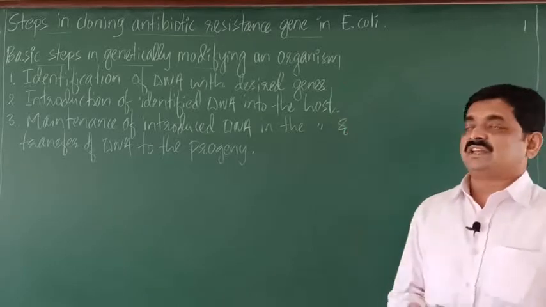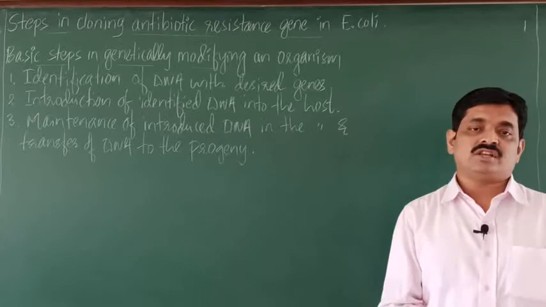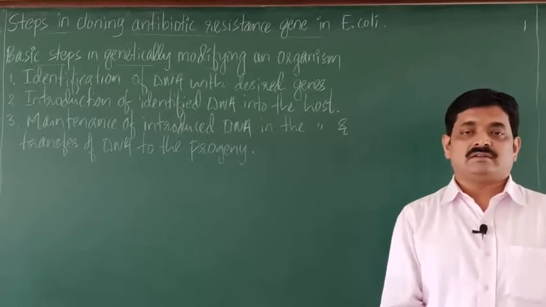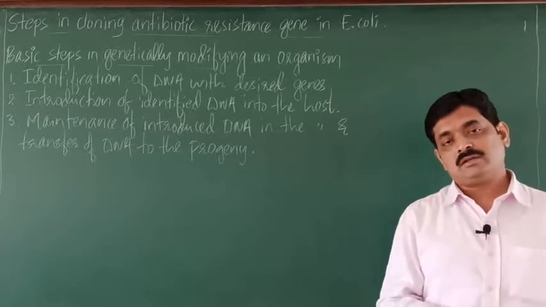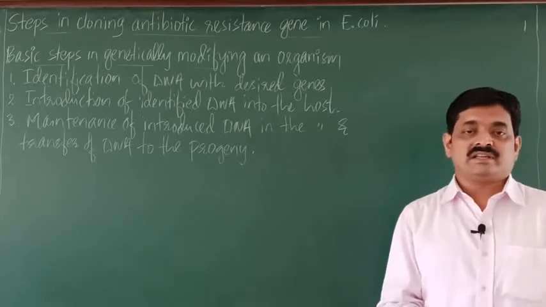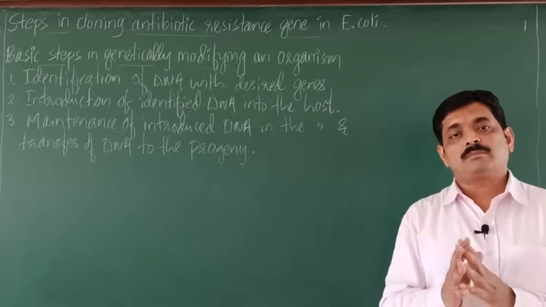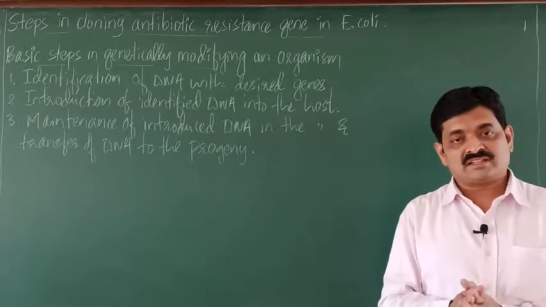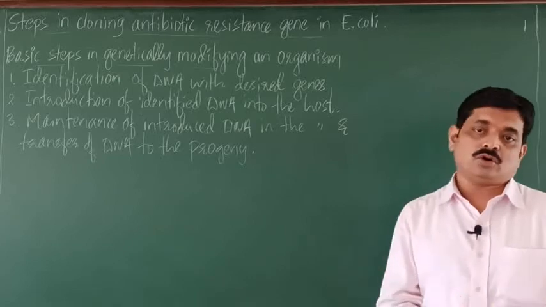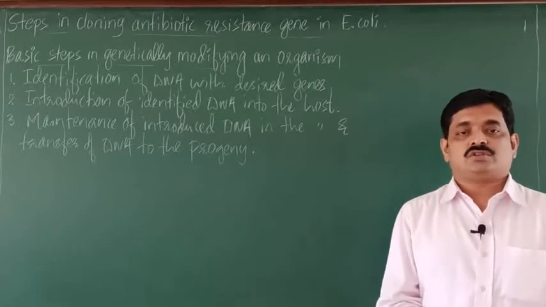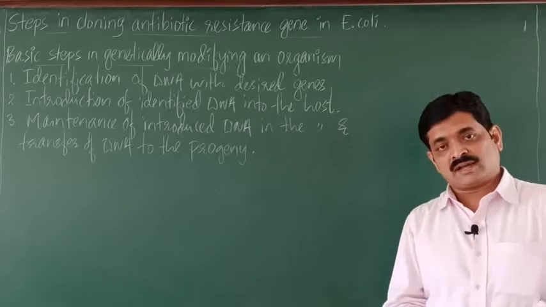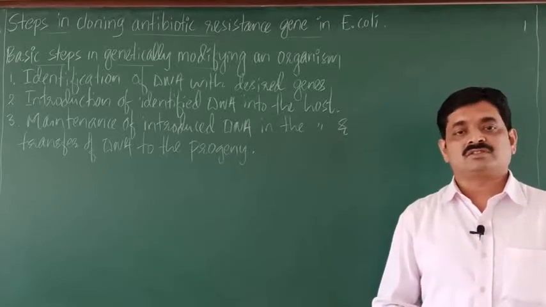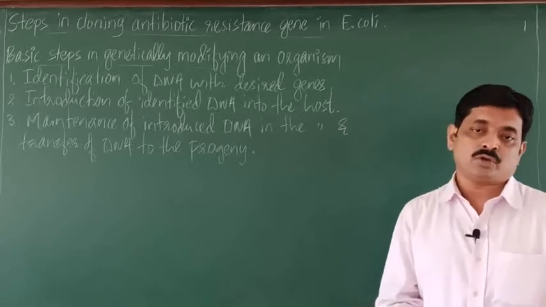So what is this antibiotic resistance gene? Antibiotic is a chemical. Antibiotic is a chemical produced by one organism which can kill another organism. Such a chemical produced by one organism which can kill another organism is called antibiotic.